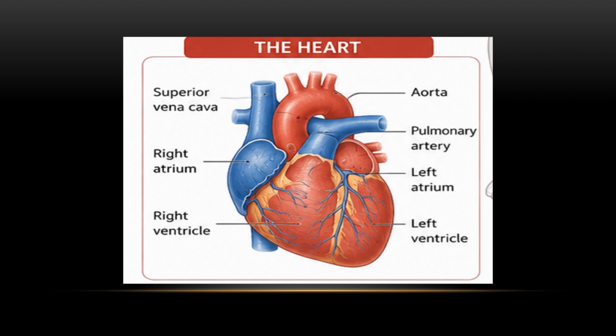The heart is an involuntary muscle and works somewhat independently from the nervous system. The contraction of cardiac muscle is stimulated by the SA node in the roof of the right atrium and the AV node in the septum between atria and ventricles.